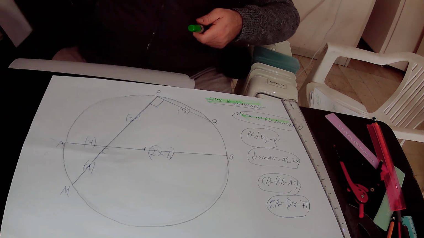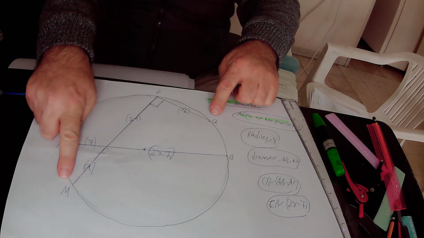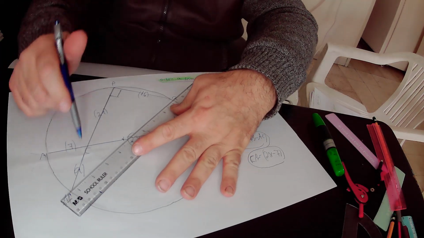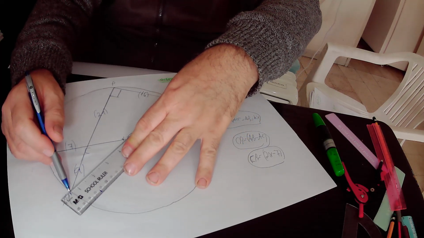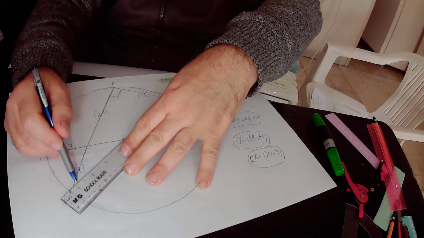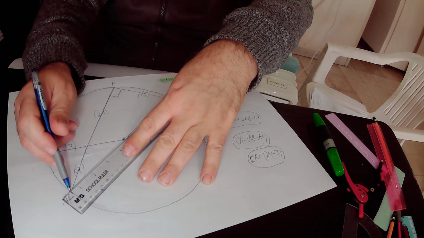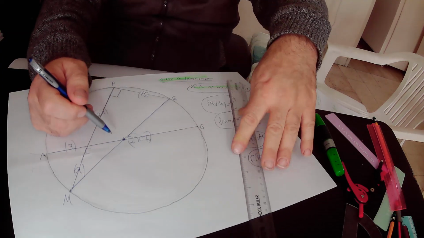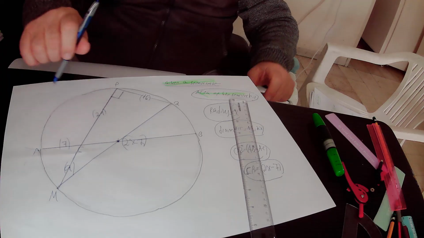In the next step, we join point Q and M together by a straight line. By joining points Q and M, we created the right triangle QPM.